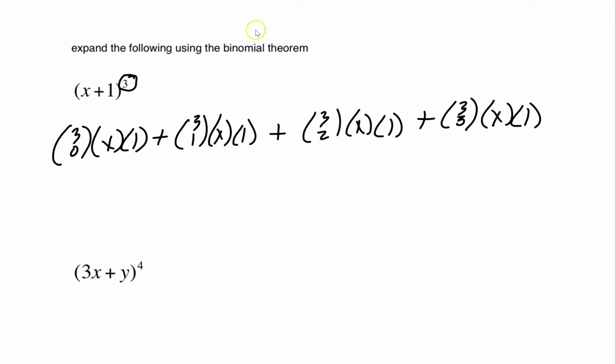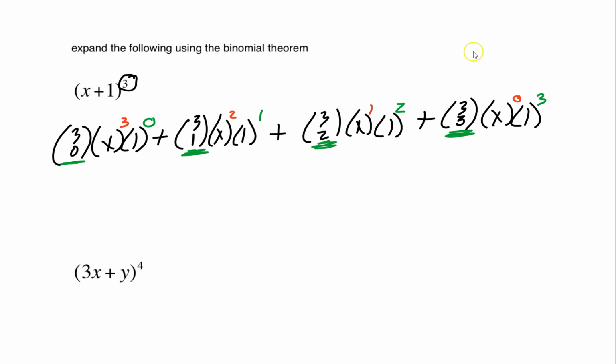Not done, I've got to do the powers. Now remember the bottom power always matches this number, the second one. And then these two things add to be 3. So in this case, 0 plus 3, 1 plus 2 would get me 3, 2 plus 1 would get me 3, and 3 plus 0 would get me 3. And that's the setup.